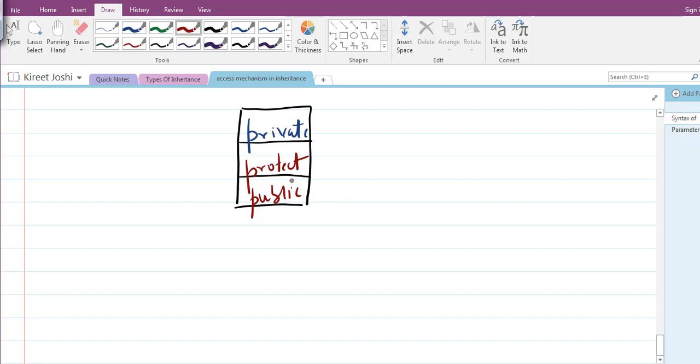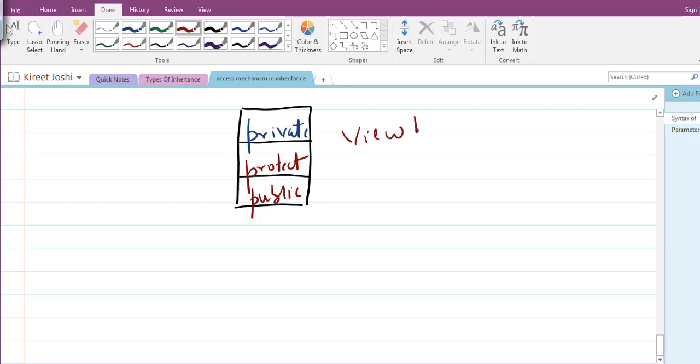These three types of specifiers are available in any existing class, so we can use any type of specifier in our class. This is view 1.